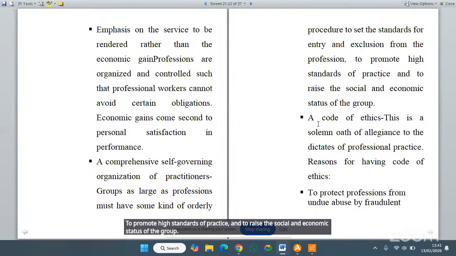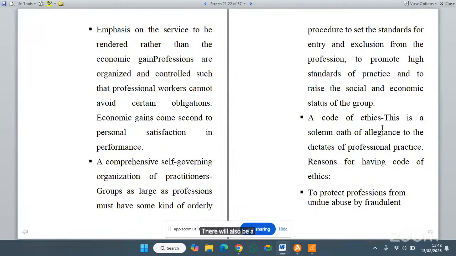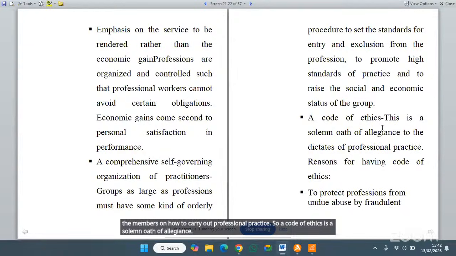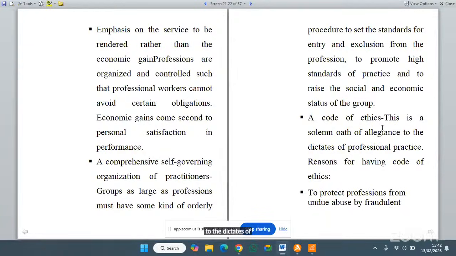There should also be a code of ethics. A profession should have a code of ethics to guide the members on how to carry out professional practice. So a code of ethics is a solemn oath of allegiance to the dictates of professional practice.